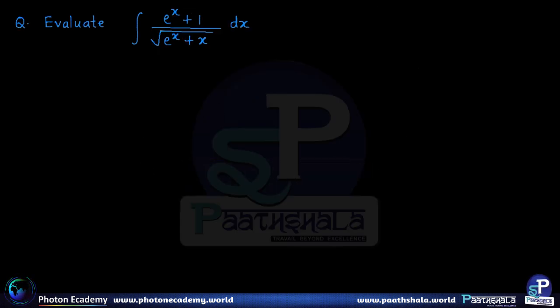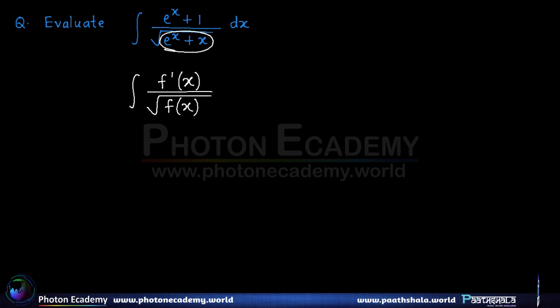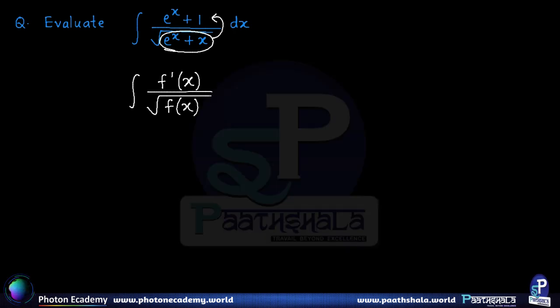Now here we have to evaluate the integral of e raised to x plus 1 whole upon root of e raised to x plus x. Now if we compare this with the standard corollary, that is f dash of x upon root of f of x, isn't it? Because if you observe, the derivative of this particular expression, e raised to x plus x, is nothing but the expression which is already present, that is e raised to x plus 1.